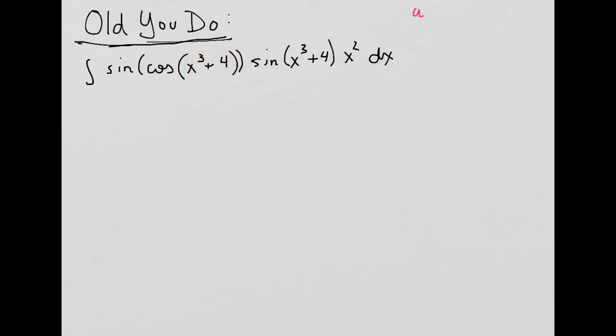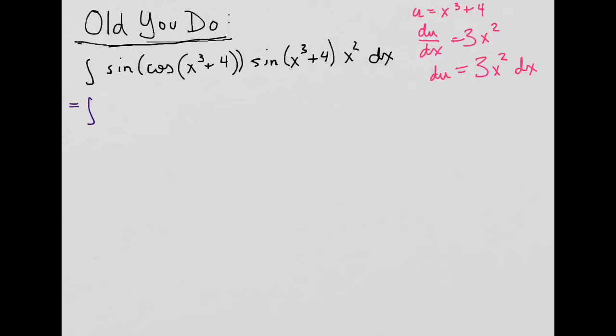So we're going to say u is x cubed plus 4, which means that du dx is 3x squared, which means that du is 3x squared dx when we multiply that dx across. So if we're looking at this, we rewrite it with our first substitution run through.